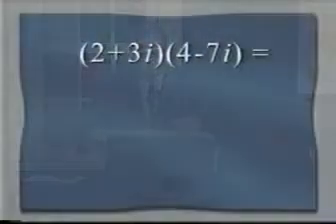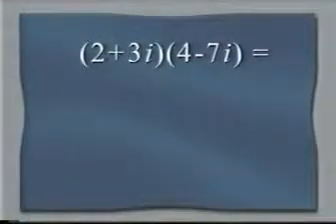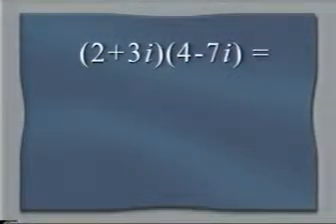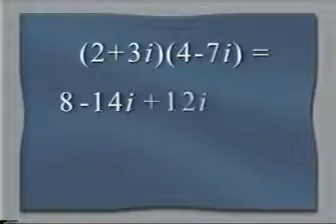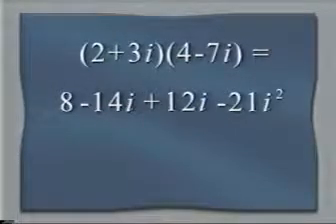An example, 2 plus 3i multiplied by 4 minus 7i. And here we get 8 by multiplying the 2 times 4. 2 times negative 7i is negative 14i. 3i times 4 is positive 12i. And the positive 3i times the negative 7i gives us a negative 21i squared.